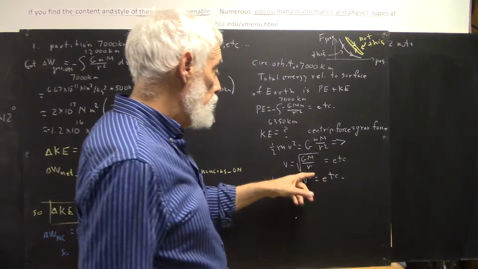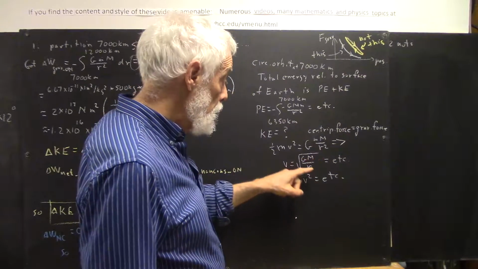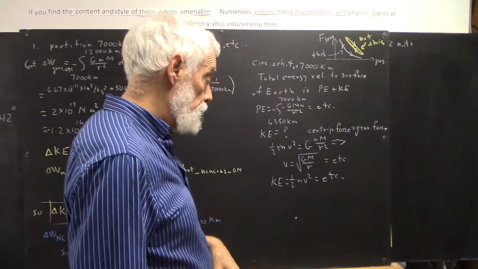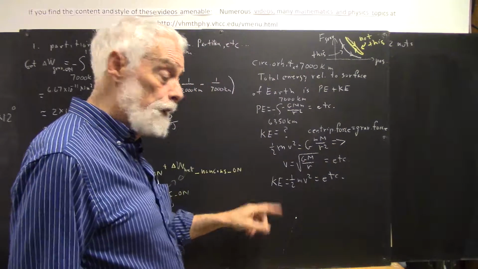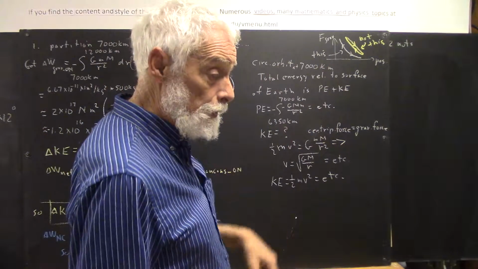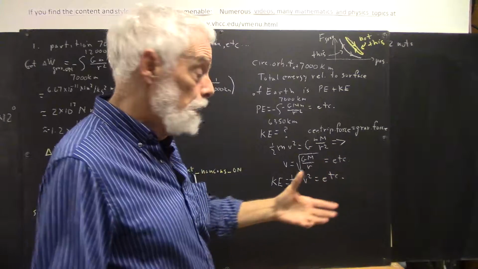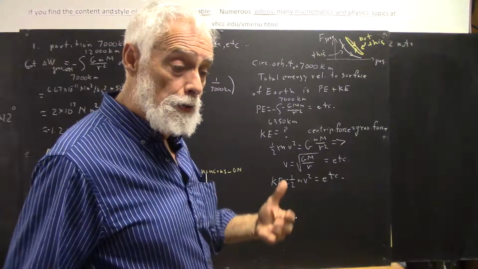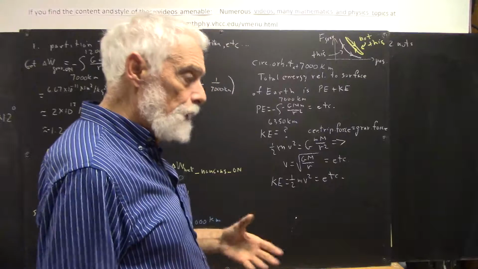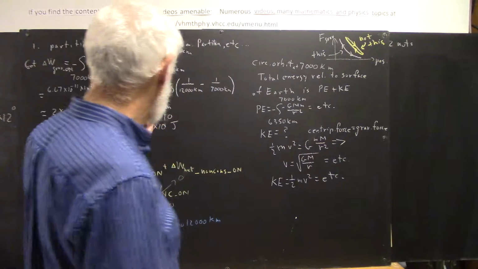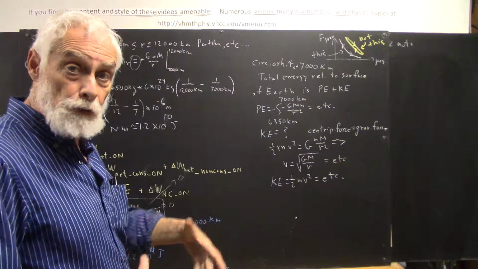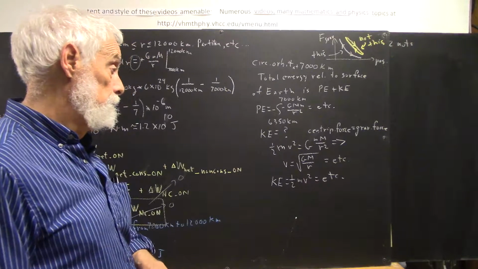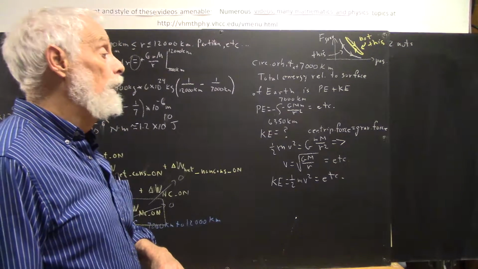So we have our expression for the kinetic energy. We can evaluate that for the given mass of the Earth and the given 7,000 kilometer radius, and we'll get a kinetic energy. We add that to our potential energy. That's the total energy we have in that orbit relative to the surface of the Earth. That's how much energy we've got to put into that 500 kilogram satellite using our rocket. Now we need a lot more energy than that.